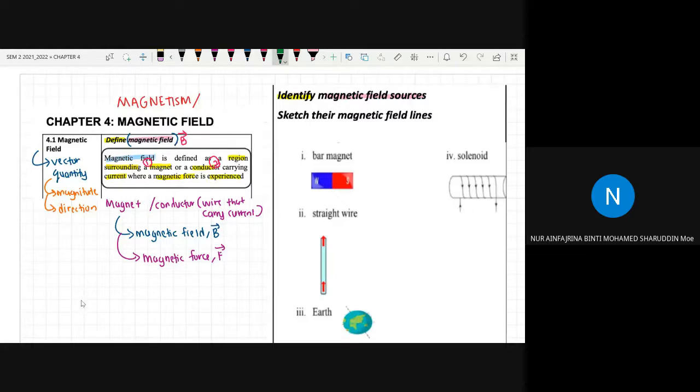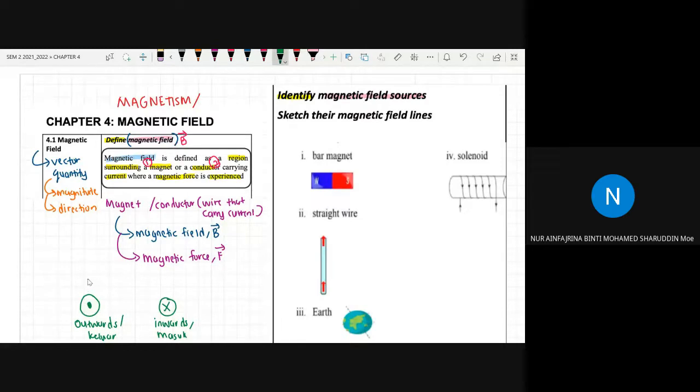So kalau magnetic field awak keluar, awak akan label dia macam ni. Okay, dia titik. Okay, bila dia keluar, maksudnya dia adalah outwards. Keluar. Okay, tetapi kalau dia masuk, kita akan label dia sebagai X. Maksudnya dia adalah inwards ataupun kita cakap masuk.